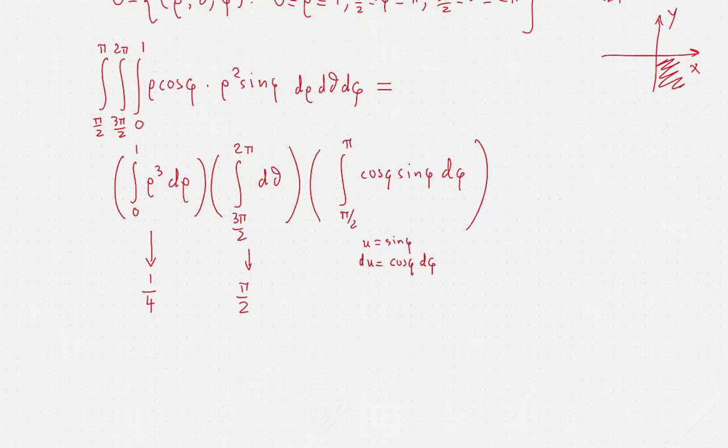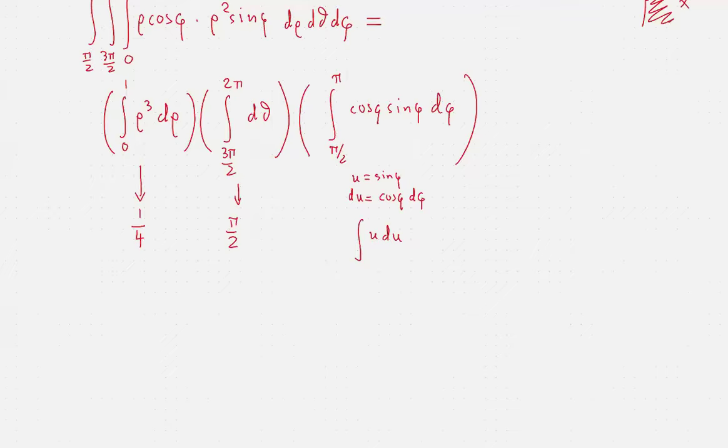So we have to take pi over 2, plug it into sine phi, and that will give us 1 for the lower endpoint, and also take pi, plug it into sine phi, that will give us 0 for the upper endpoint, which will give us, of course, negative 1/2, because if it was the other way around, it would have been 1/2. So if we put everything together, then we will get negative pi over 16.